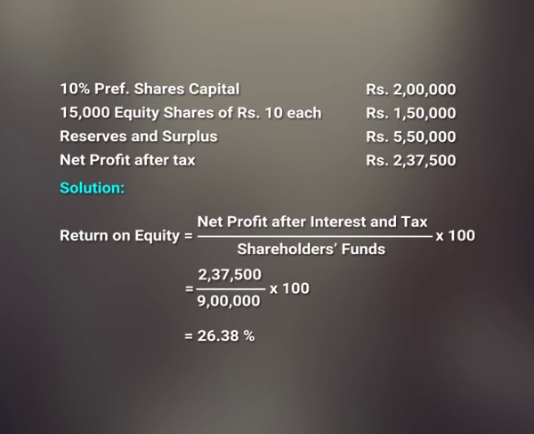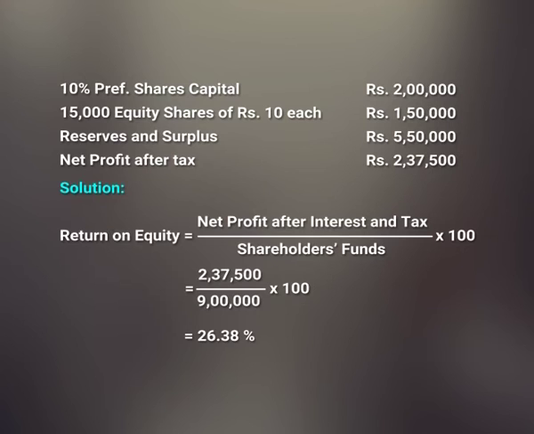Calculate return on equity, that is ROE, from the following. 10% preference share capital is given to us for rupees 12 lakhs. 15,000 equity shares of rupees 10 each is given to us for rupees 1,50,000. Then we have reserves and surplus for rupees 5,50,000 and net profit after tax is given to us for rupees 2,37,500.